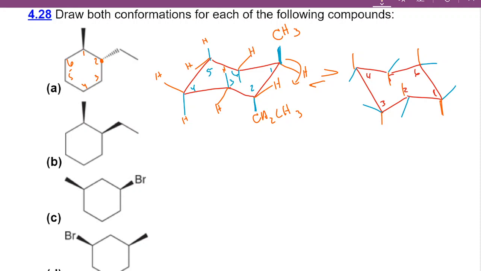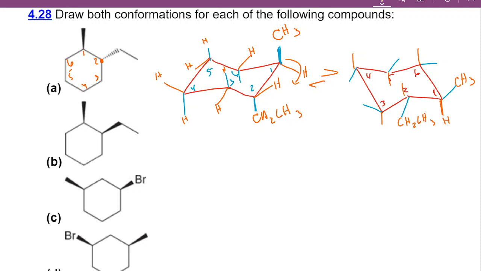When we flip, on carbon 1 our methyl group was axial up; it's now equatorial up. And on carbon 2, our ethyl group was axial down; now it's equatorial down.